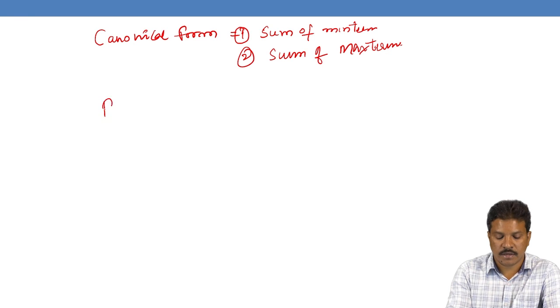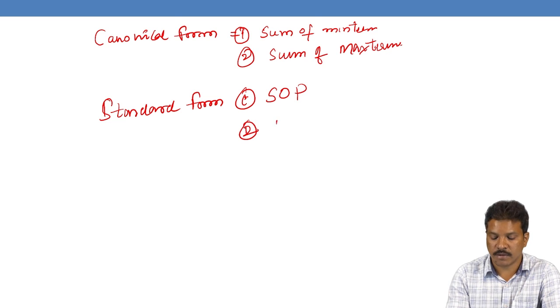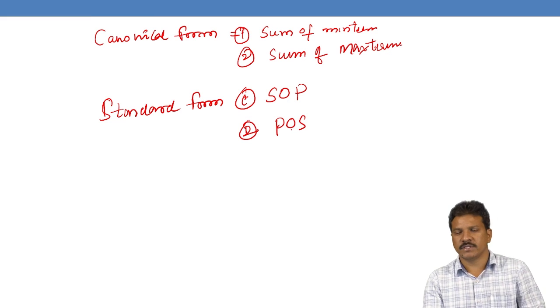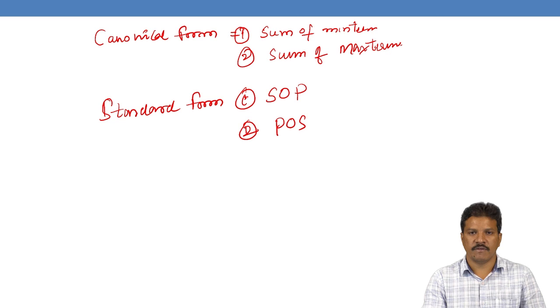And another one is standard form. One is represented with SOP, sum of products, and another one is POS. In standard forms, each SOP and POS can be represented with a single variable or multiple variables in each minterm or max term. But in canonical form, each minterm or max term must include all variables in the function, either in complemented or uncomplemented form.